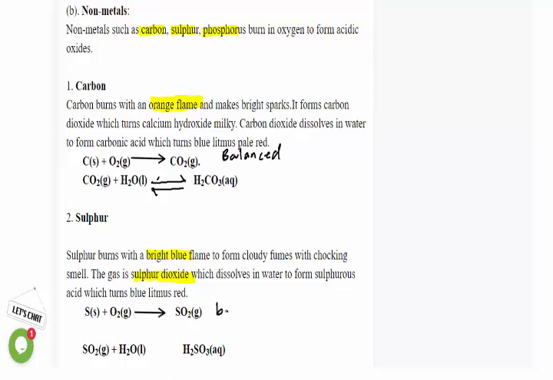This equation, as you can see, is also balanced. Furthermore, this sulfur dioxide dissolves in water to form sulfurous acid. There is a difference between sulfurous acid and sulfuric acid.